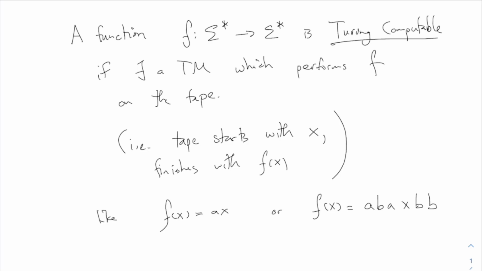That's also Turing computable. That's slightly more complicated. You would move to the left 3 times and then write A, B, A, and then move all the way to the end and write B, B, something like that. All right, these are examples of Turing computable functions. These are what kinds of functions a Turing machine can do.